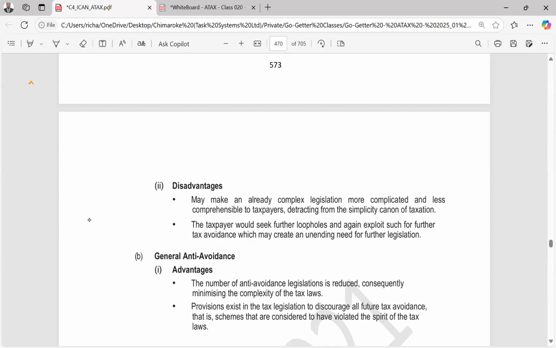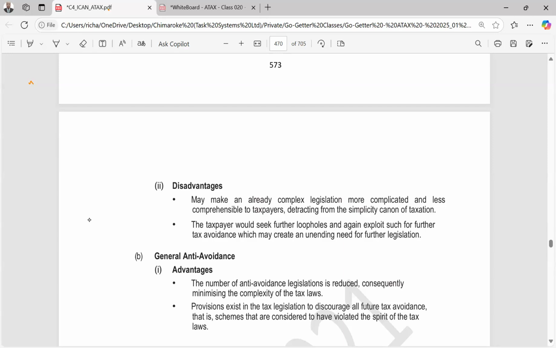You now make a complex situation more complicated. Now, the second disadvantage is that as you are blocking one, taxpayers will seek further loopholes and exploit them. So you are trying to block a mouse from coming through the west, it will go through the south.